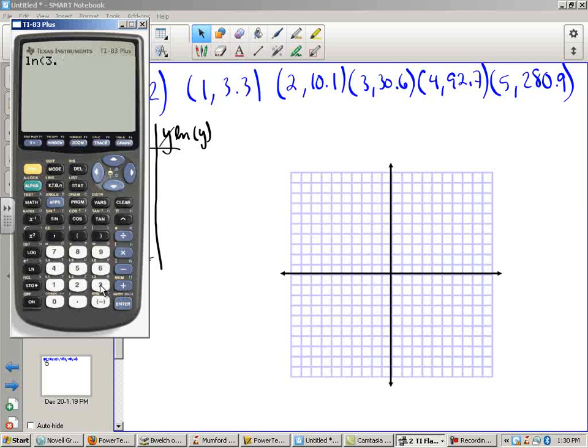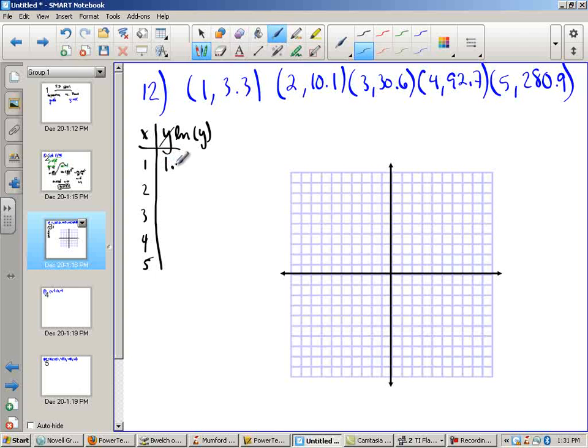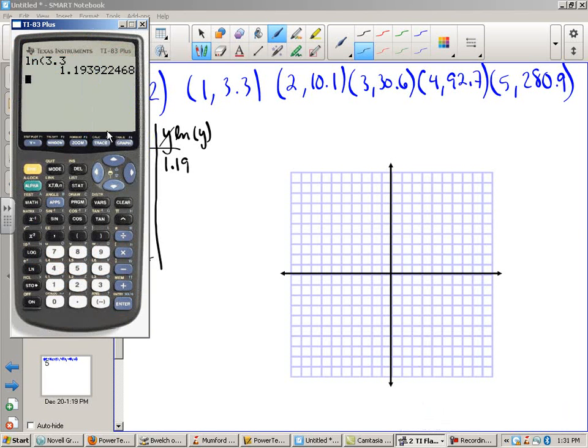So ln of 3.3 is 1.19. And then I go and do the same thing. Instead of 3.3, I'll use 10.1.